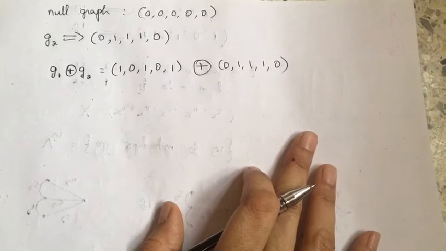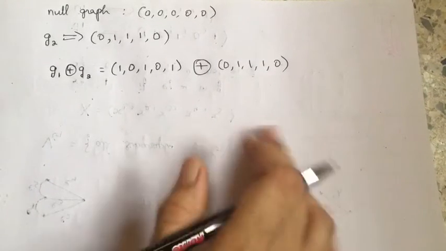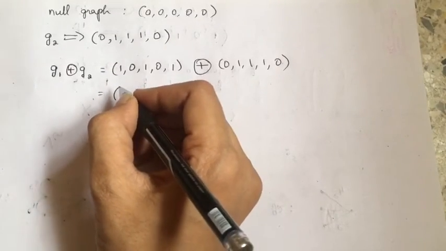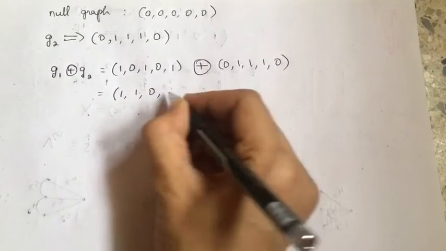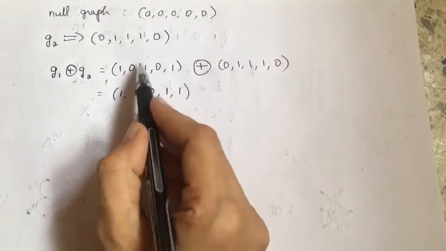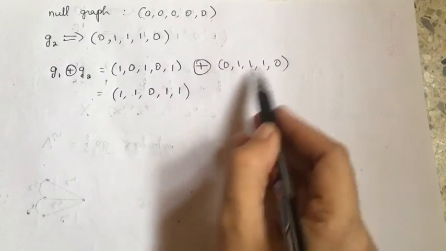So considering G1 ring sum G2, we get 1, 1, 0, 1, 1.